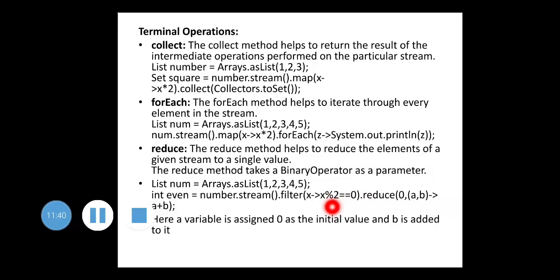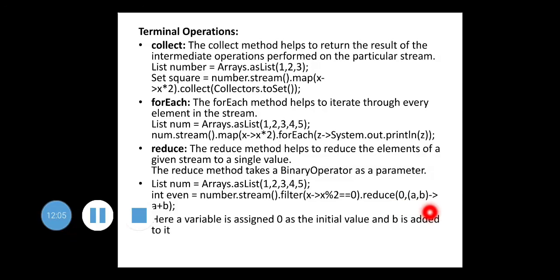If the remainder is 0, then the particular element is passed to the next operation, that is the terminal operation reduce. Here reduce of 0, a, b. The 0 is the initial value, so from the start itself we take the values.